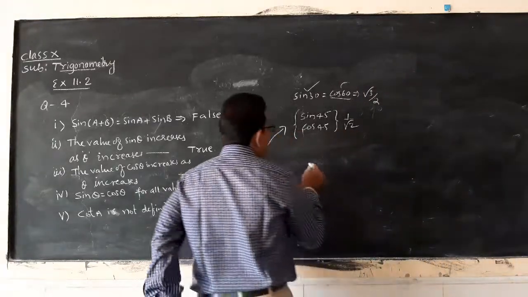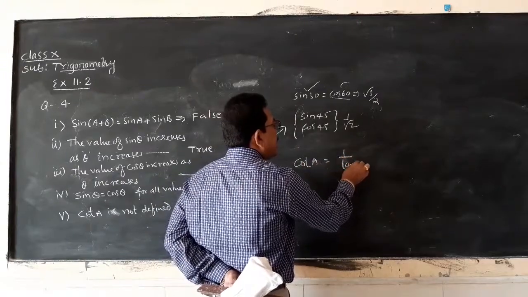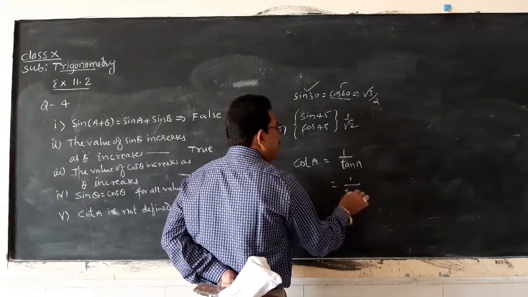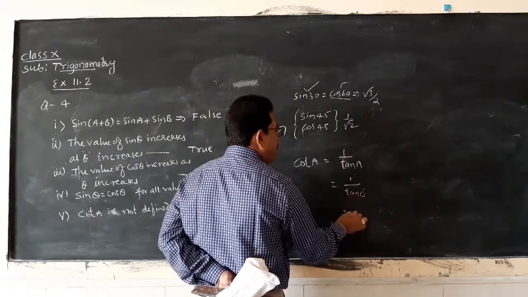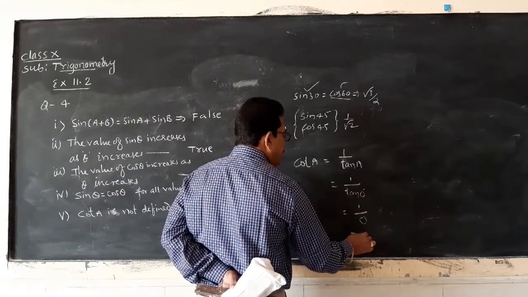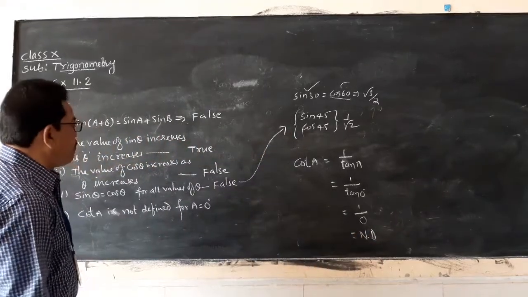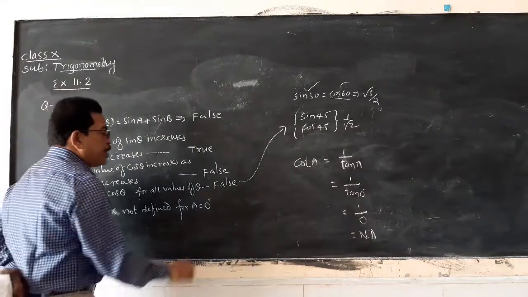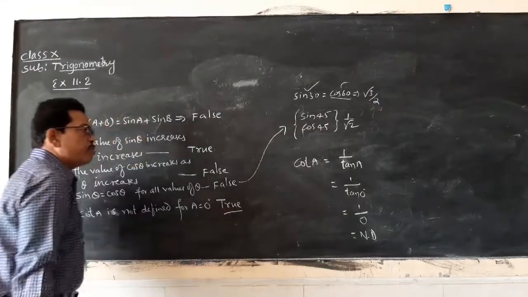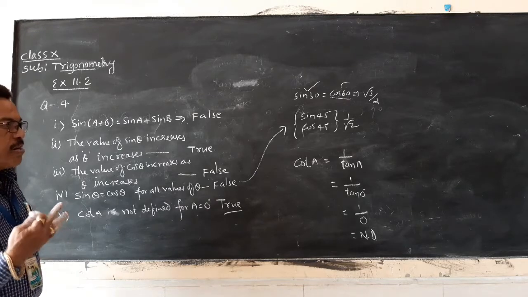Now cot A equals 1 by tan A. Then 1 divided by tan 0 degree. True. This one is true because 1 by 0 is not a defined term.